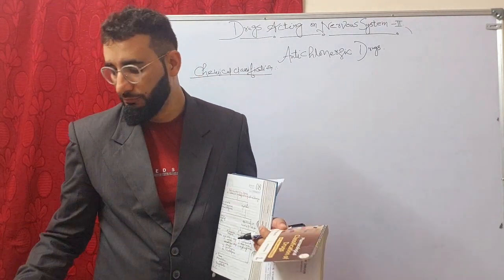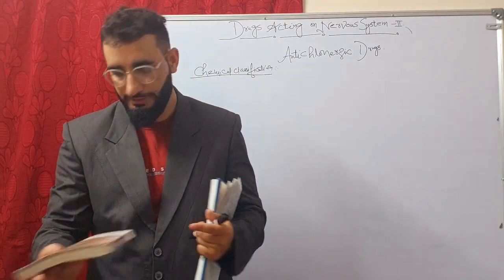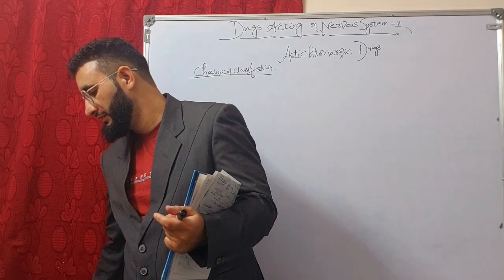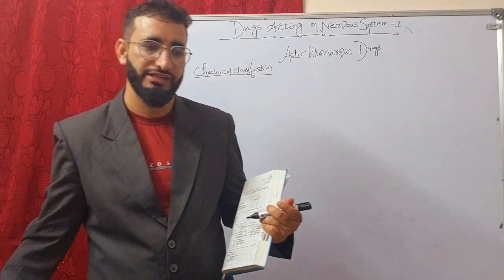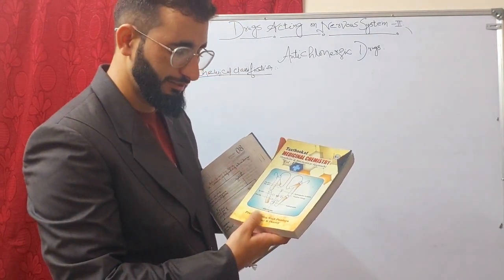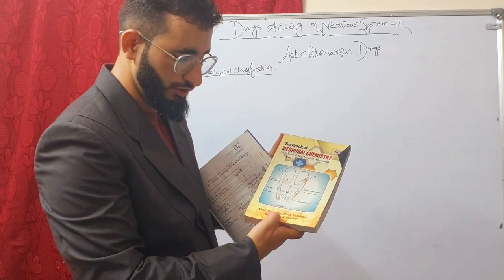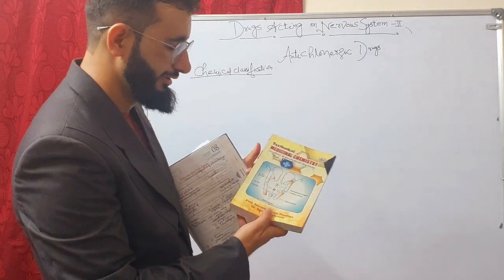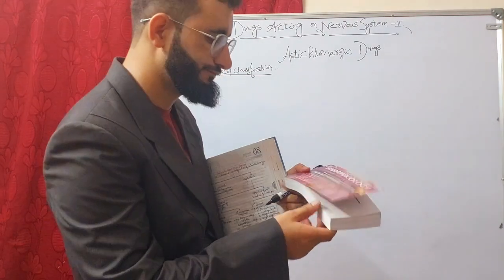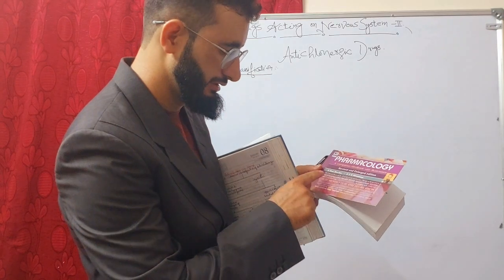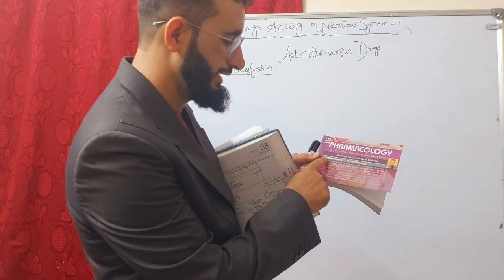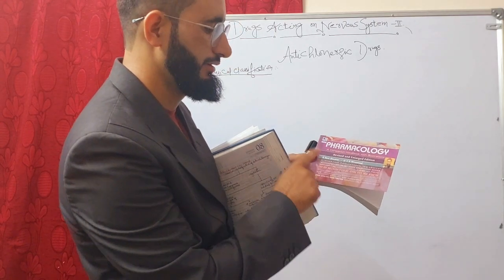Actually, I have studied multiple books, and by studying multiple books I have made the classification somewhat easier, because you cannot get all the classifications in a single book. Another book I have referred to is the textbook of medicinal chemistry by Professor Surendra Nath. And another book for pharmacological classification is Pharmacology, revised and enlarged edition, by K. Ravi Shankar.